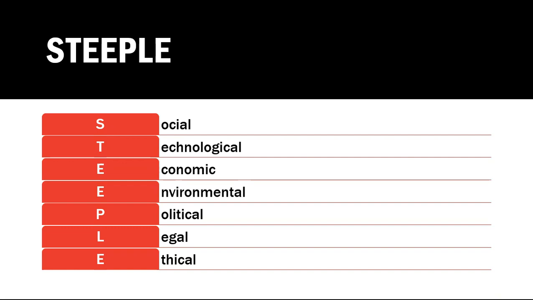Regarding this, I have to admit that in the exam, we had a question on how to give an example of each of the STEEPLE factors. So you may have some kind of scenario, and they ask you whether it is technological, environmental, political, or legal.